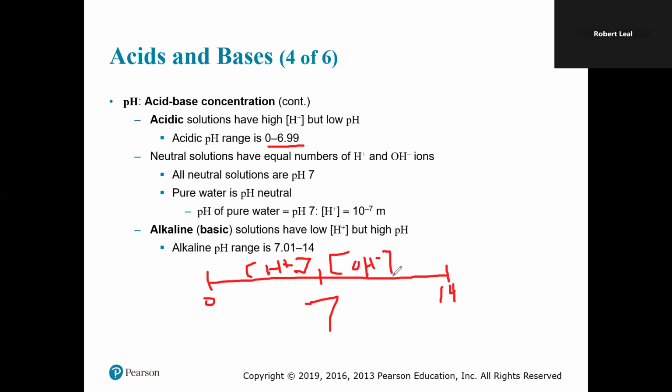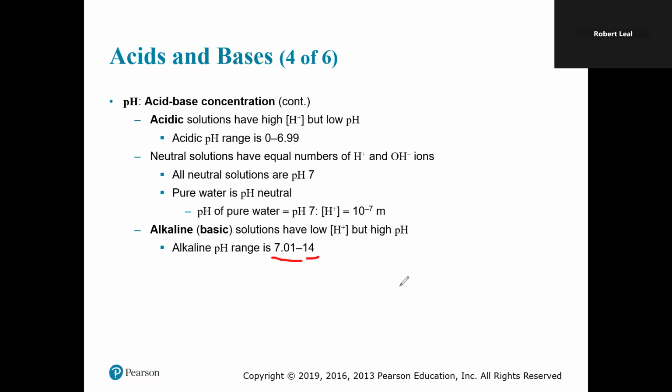That's when you have equal amounts of hydrogen and hydroxide. And when you have a scale anywhere from 7.01, not 7, but 7.01 to 14, we say the solution is basic, or you could say alkaline.